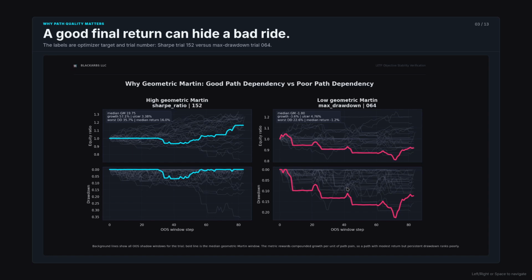And so we can see that, for example, one path on the left has a much cleaner overall path and ends in a positive run with a very modest drawdown, where to the right we can see that the path is just bad overall in terms of final equity or terminal value. It's also pretty volatile as well.